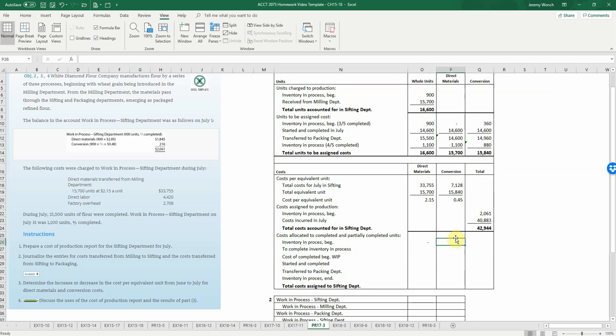And for our conversion cost, we had 880 units. I'm sorry, whoops, we're doing beginning inventory. Beginning inventory, we had 360 equivalent units times our conversion cost of 45 cents. So we're going to have $162 to assign to beginning inventory.